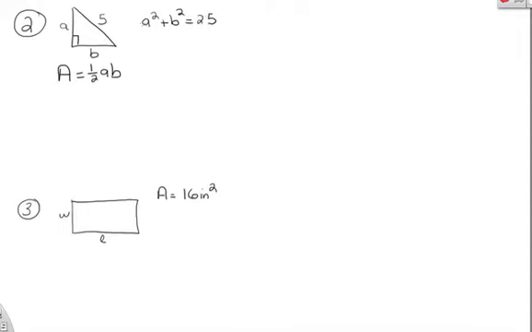So now I just need to solve for A. I move the B squared over, take the square root, and I get A equals the square root of 25 minus B squared. Now I can rewrite my area equation in terms of one variable: 1/2 times the square root of 25 minus B squared, times B.